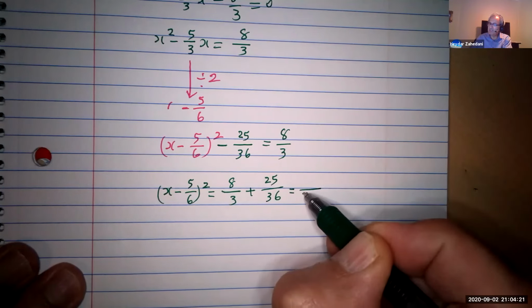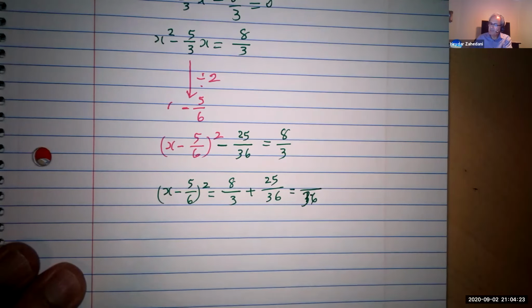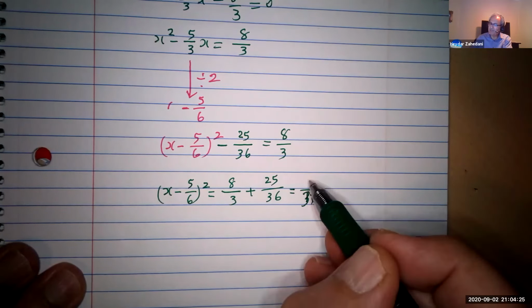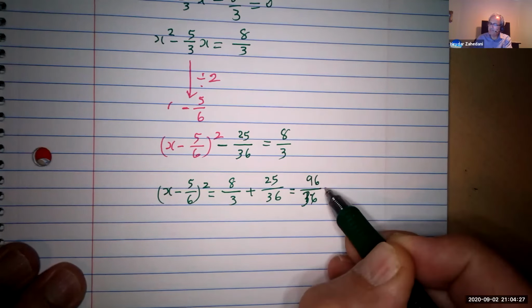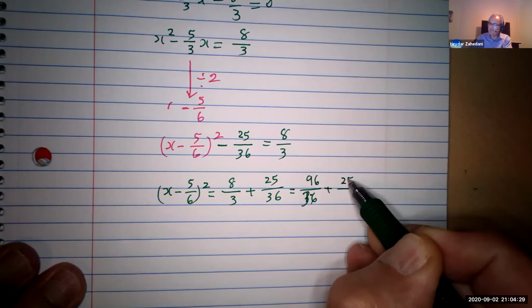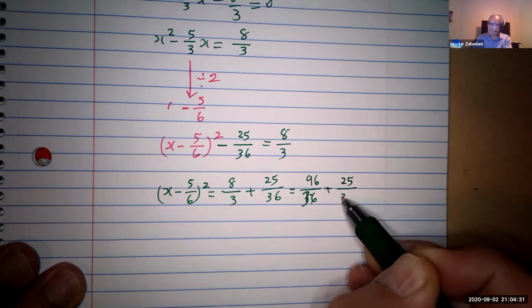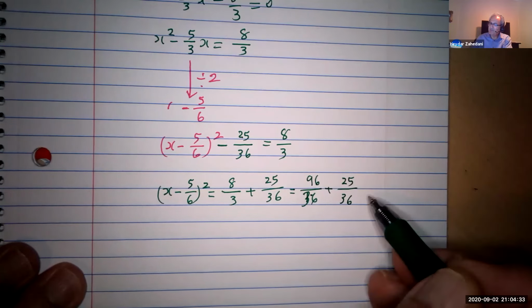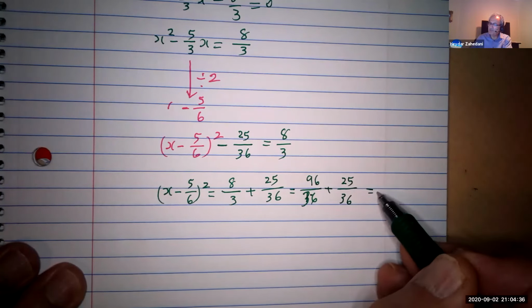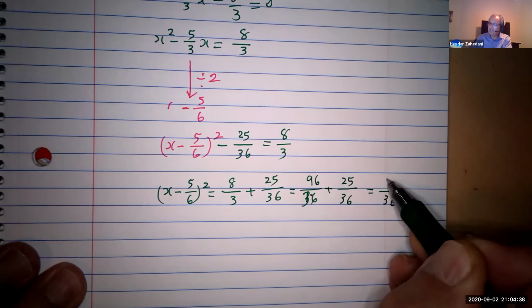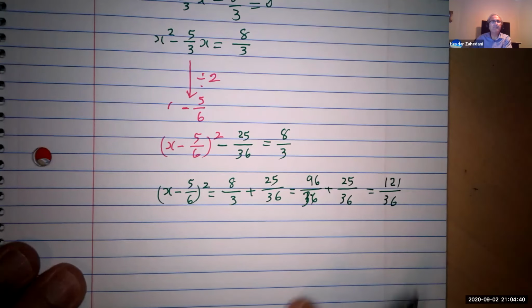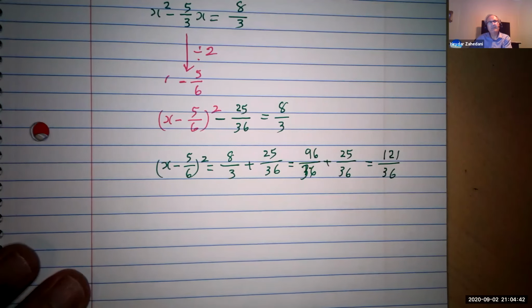Sorry, this is 36. So the top would be 12 times 8, which is 96, plus 25, over 36. If you continue on the top, you get 121. Nice number. Any question?